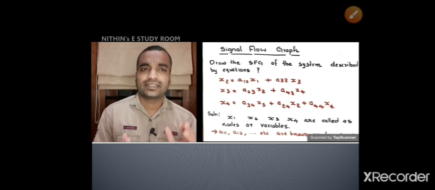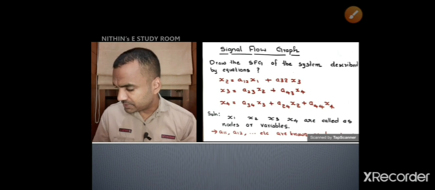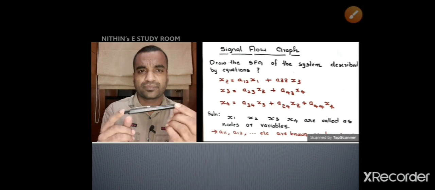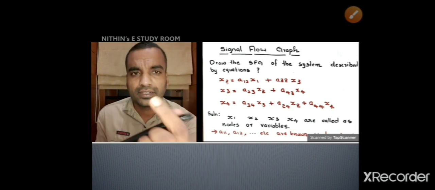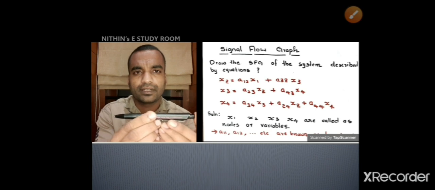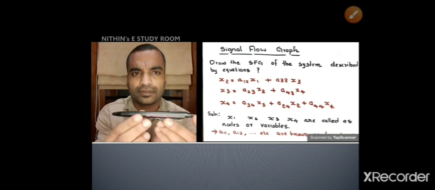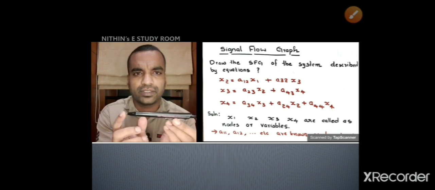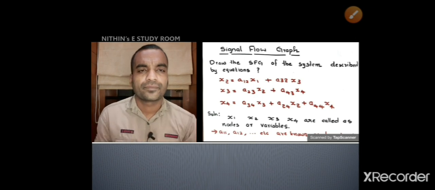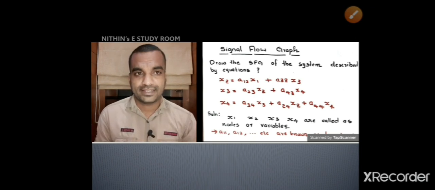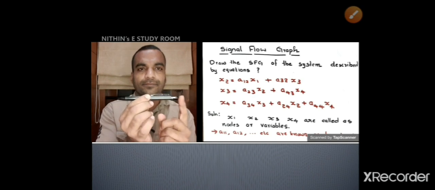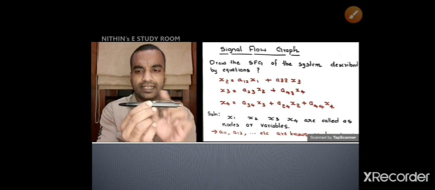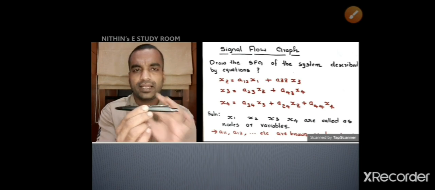Suppose this is a process, and I am giving some input here. It will give some output here. Is it clear? Say it is a pen. So it is giving some output here. Here I can say x1 is the input given at this stage, and x2 is the output obtained at this stage.